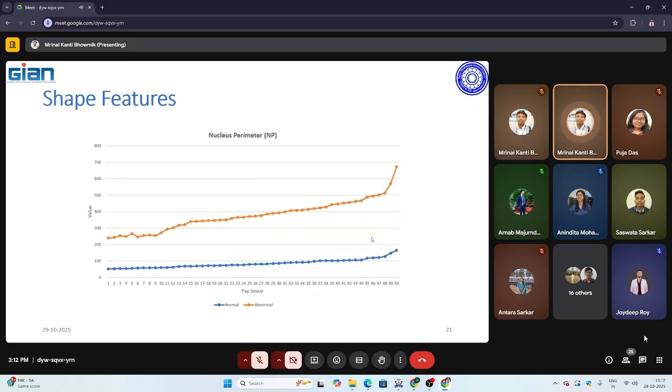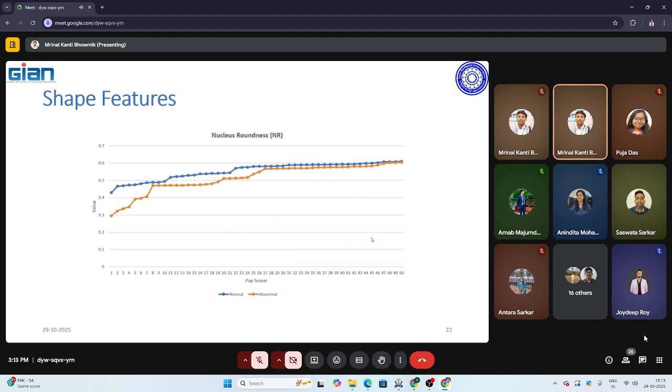Here, nucleus perimeter also gives discriminative values between normal and abnormal types of cells. But see, roundness shows some overlapping values among the cell images.